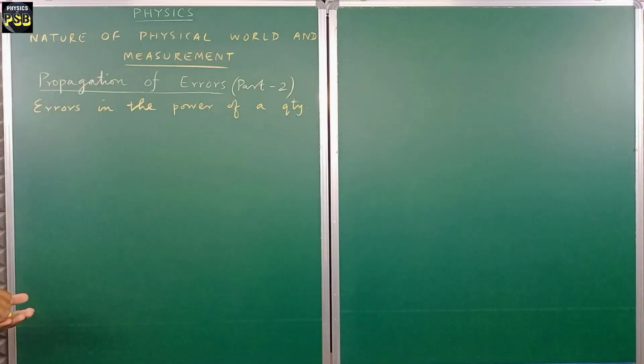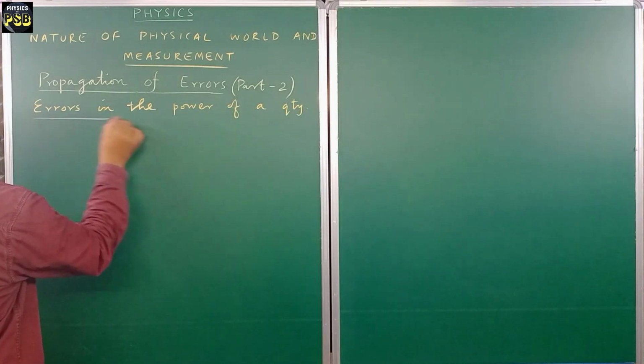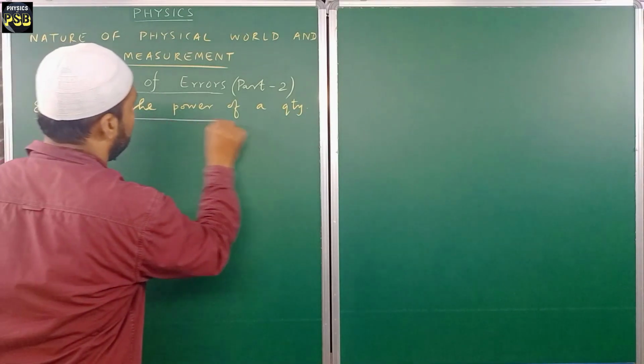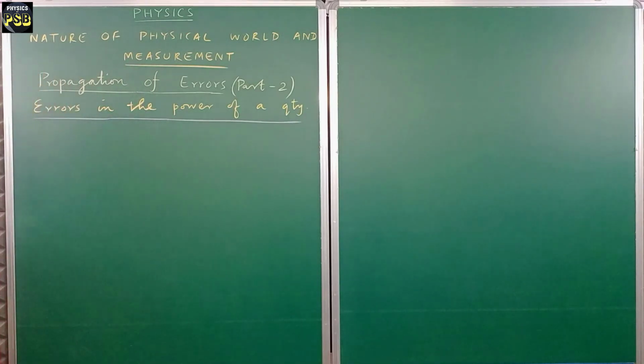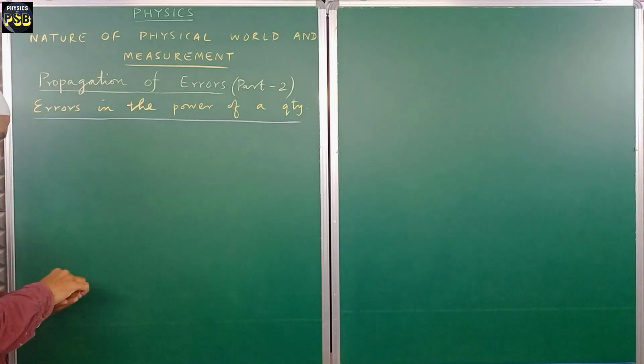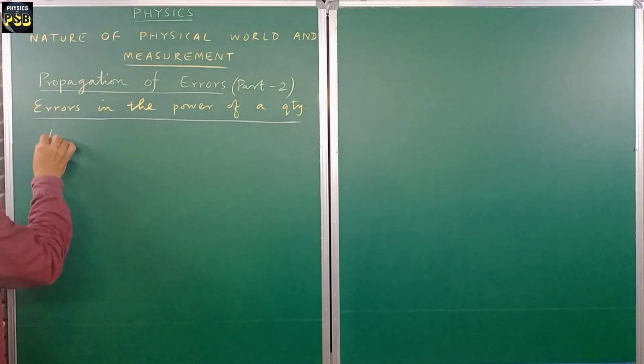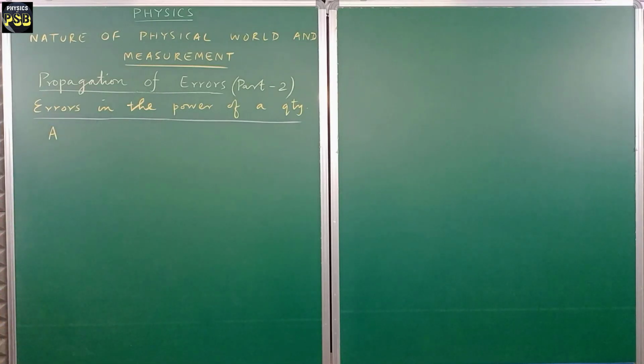Now I'm going to get the errors involved in the power of a given quantity. Let us consider A as a quantity.